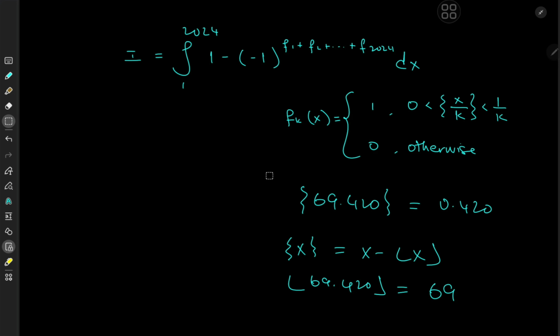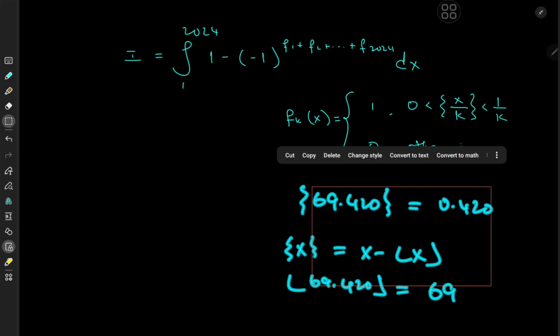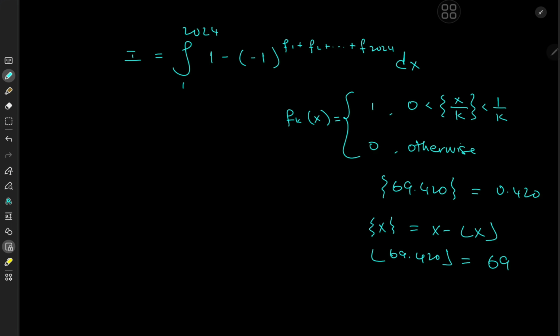Okay, cool. So with that refresher out of the way, let's now return to the case of the target integral. So what exactly would be our strategy to evaluate this thing? And in case you're thinking we should partition the interval from 1 to 2024, you are correct. That is a wise strategy when dealing with floor function and fractional part function integrals.